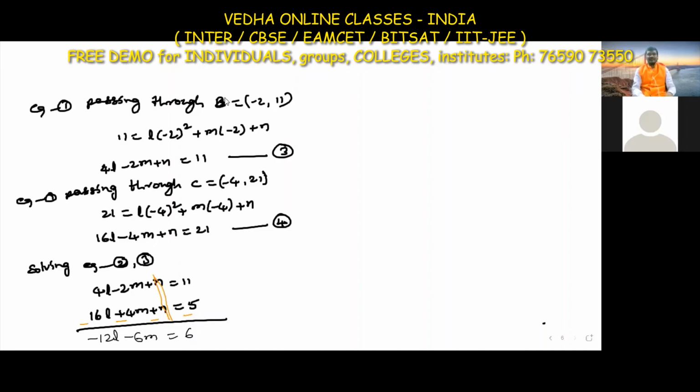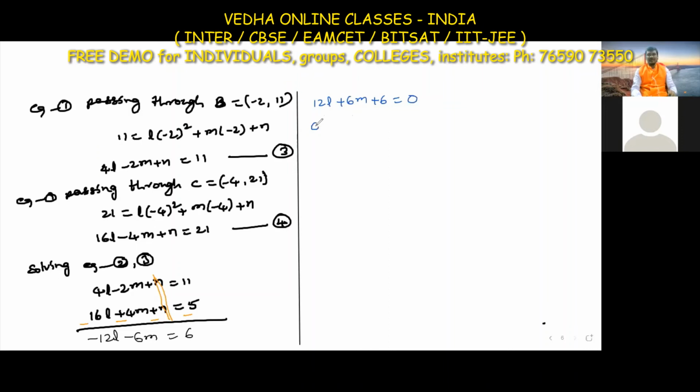Send all the left side terms to the right side. Okay, so then what we get here? This becomes plus 12l plus 6m plus 6 equal to 0.